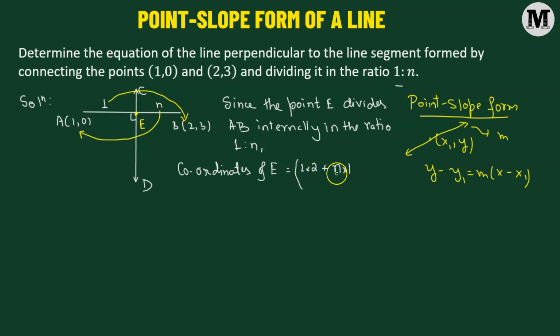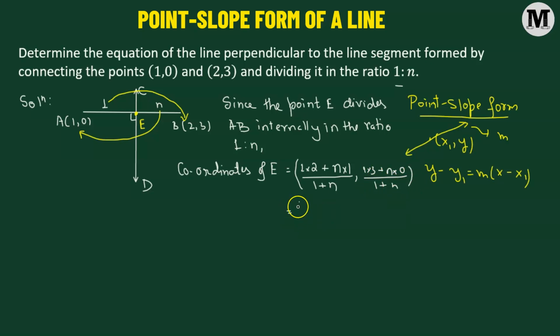So we have 1 times 2 plus n times 1 divided by the sum of the ratios, so that's 1 plus n. And similarly, in order to find out the y coordinate, we'll start with 1 and multiply it to the y coordinate of B, so that's 1 multiplied by 3. Add it to n times the y coordinate of point A, so that's 0, divided by 1 plus n.